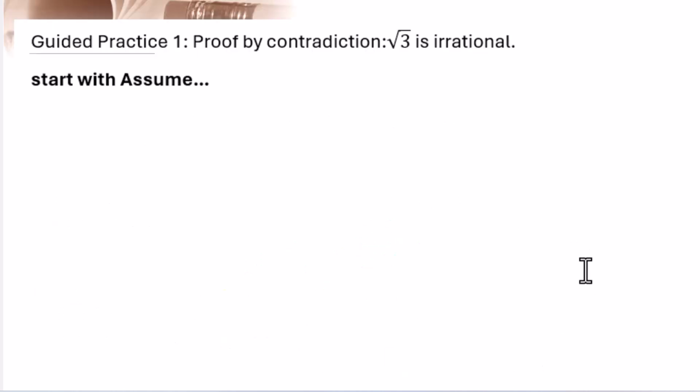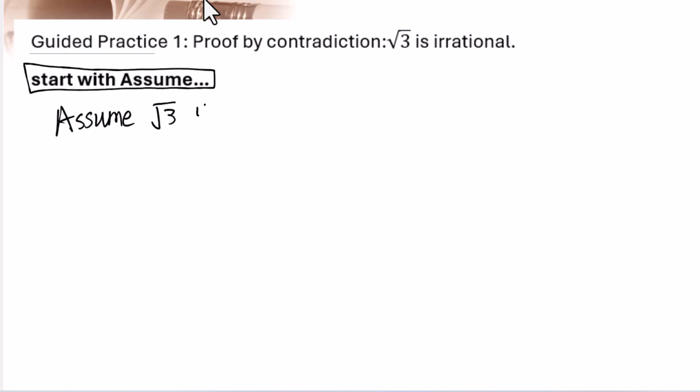Let's go to guided practice 1. Proof by contradiction. Square root of 3 is irrational. You always start with assume. Assume square root of 3 is rational. Then we will use the definition of a rational number.